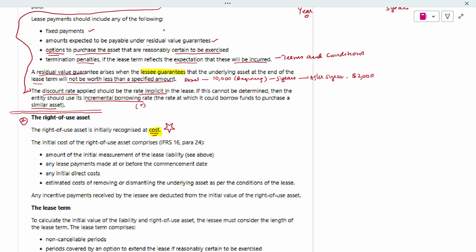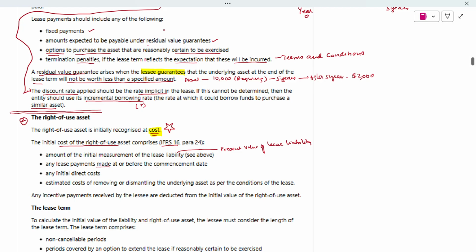As per IFRS 16, what is the initial cost of the right-of-use asset? How much is the initial measurement? You should take into consideration the present value of the lease liability, plus any payments made.